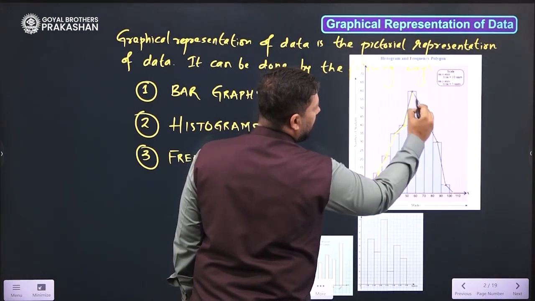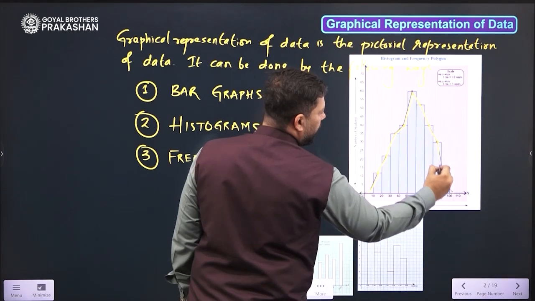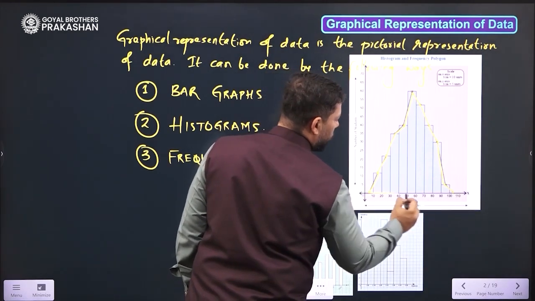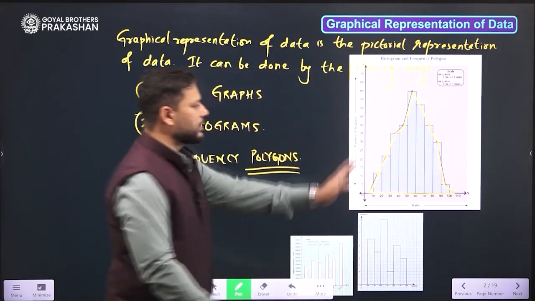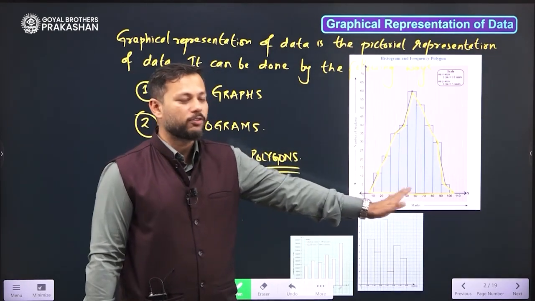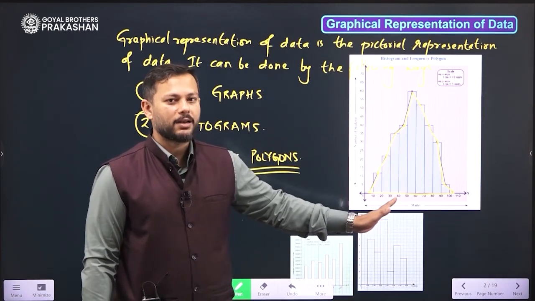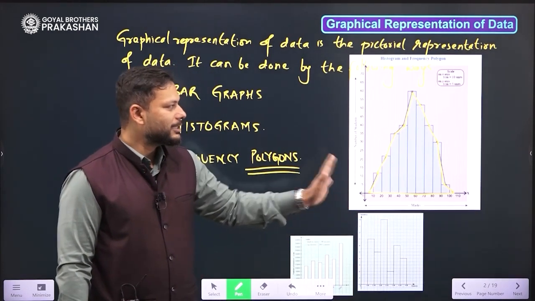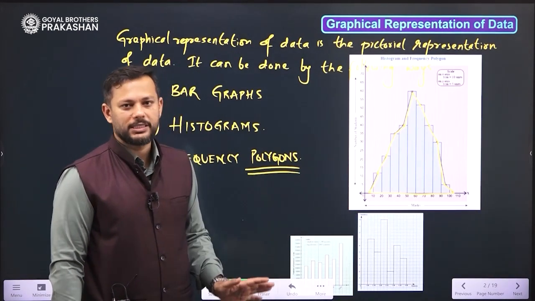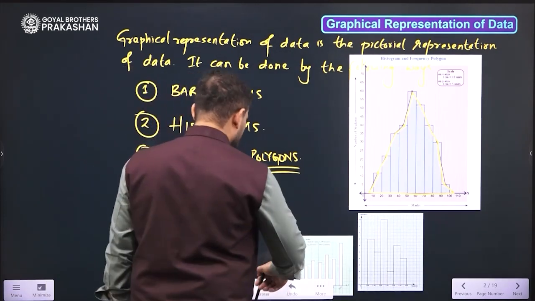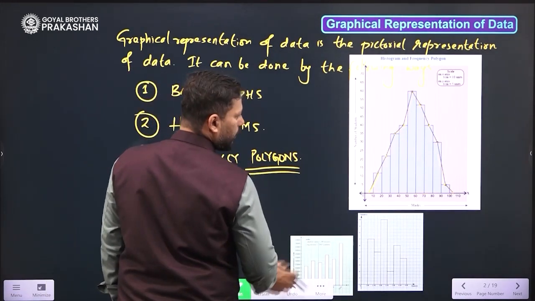It is making a closed figure with numerous sides. So this yellow portion is the polygon, which is named the frequency polygon. We will understand it better later on, but this is all about the graphical representation of data. I hope you are clear with all of this, right?